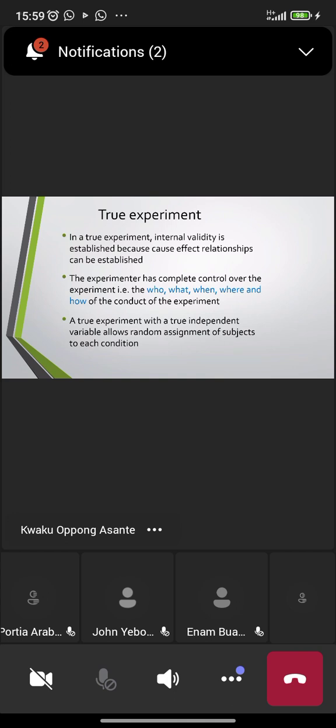So I've mentioned random assignment and random selection. Random assignment means that if we want to create two groups in an experiment to see the effect of alcohol intake, one group we give maybe one bottle of alcohol every week or every day, and the other group we don't give anything.